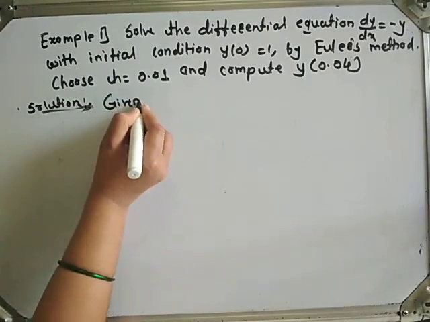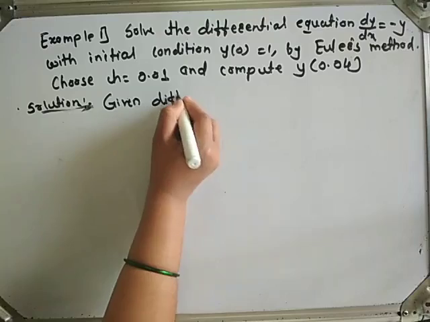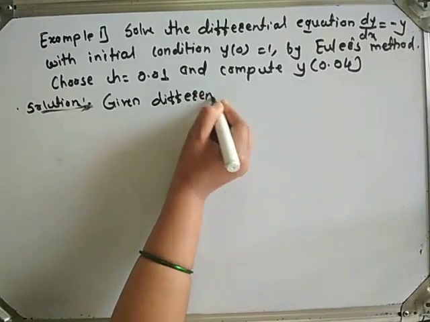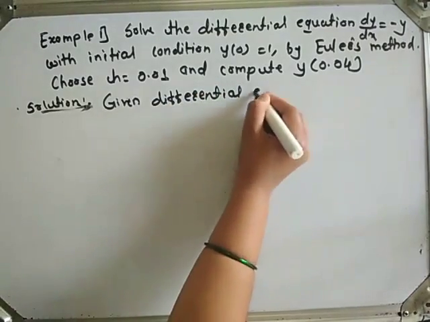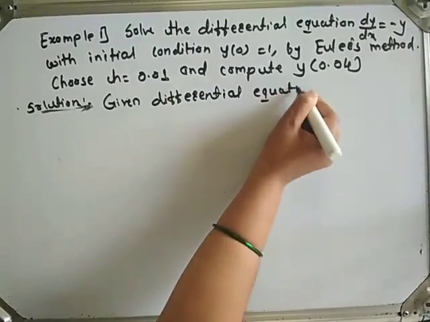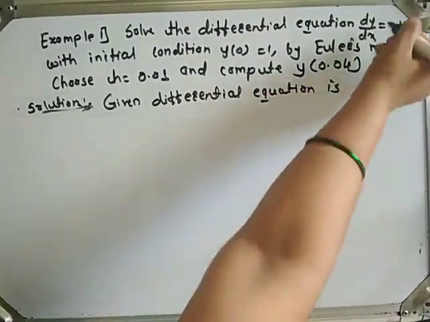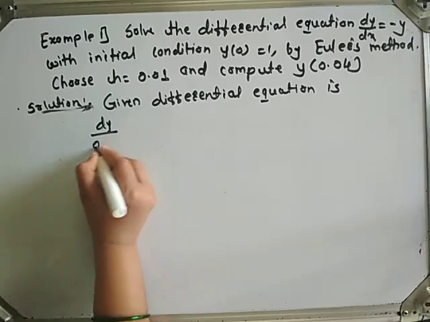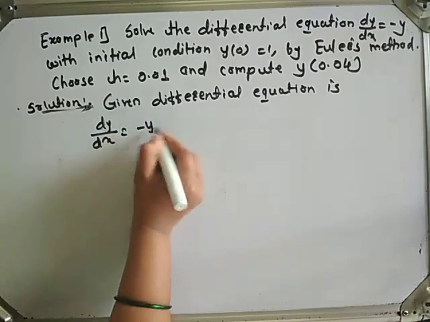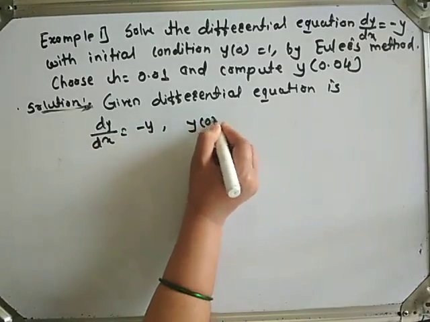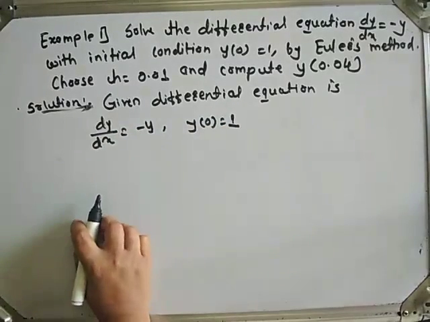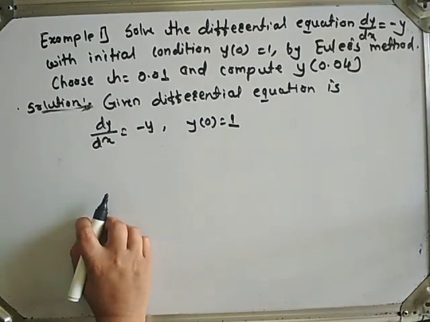The given differential equation is dy by dx is equal to minus y with initial condition y of 0 is equal to 1.